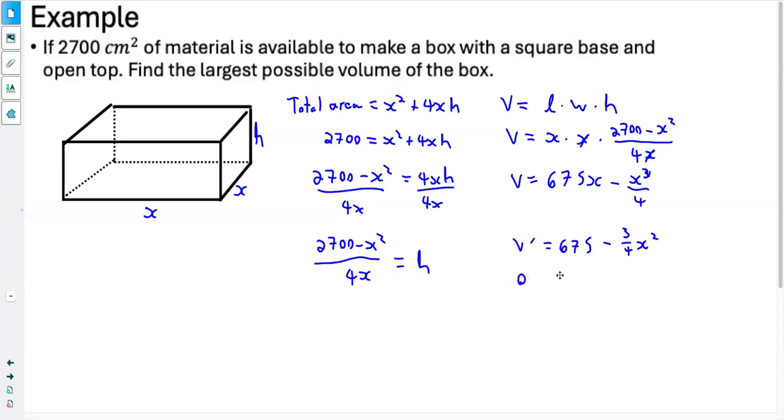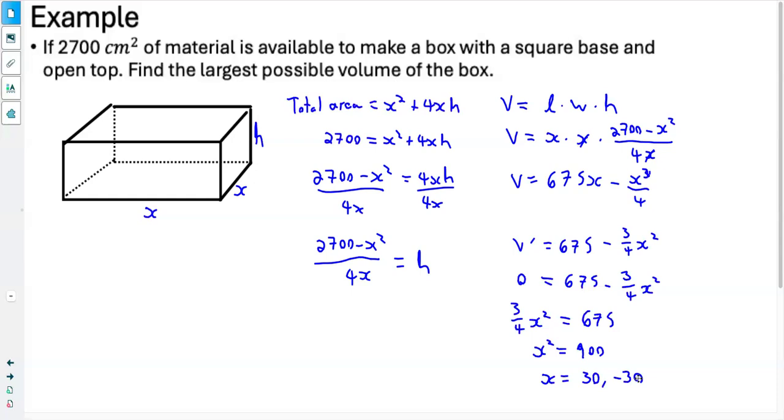So I put 0 equals 675 minus 3/4 x squared. We'll move the 3/4 x squared to the other side. Divide both sides by 3/4. And that gives us x is positive 30 as well as negative 30.